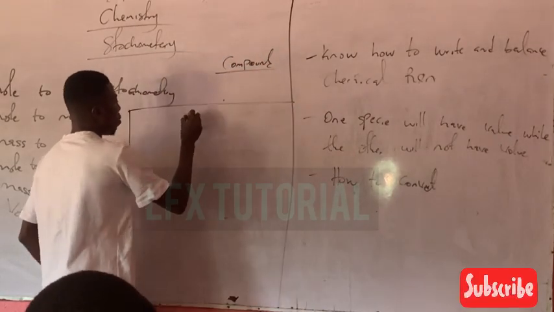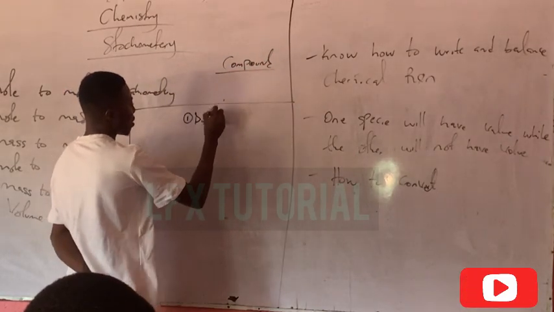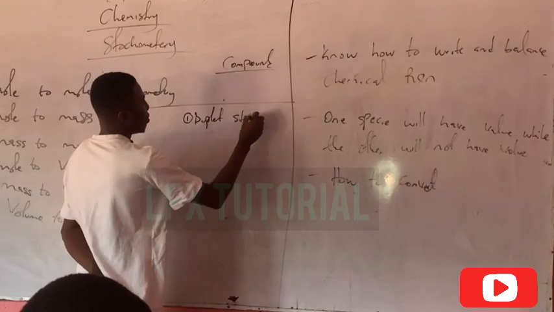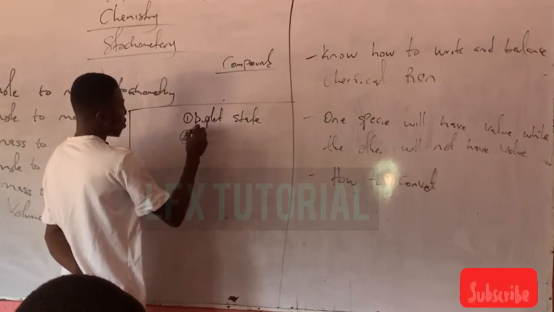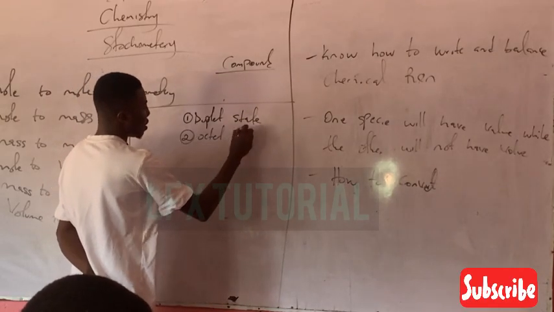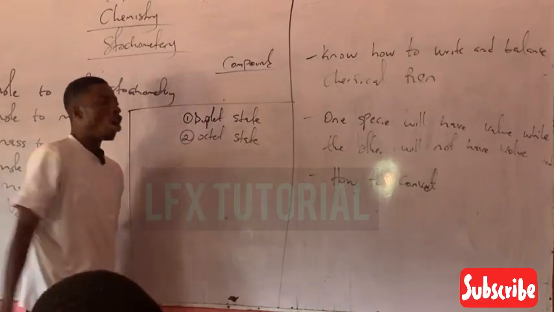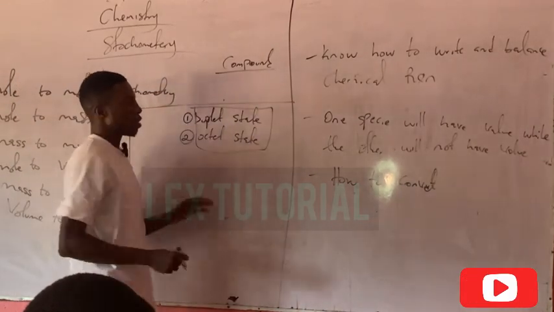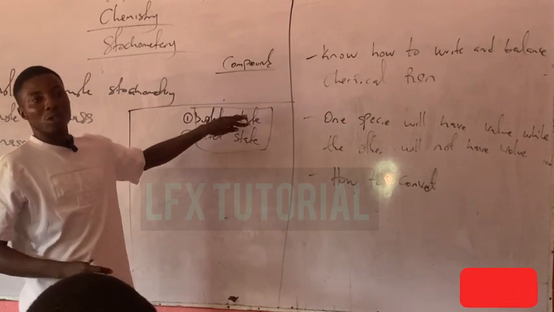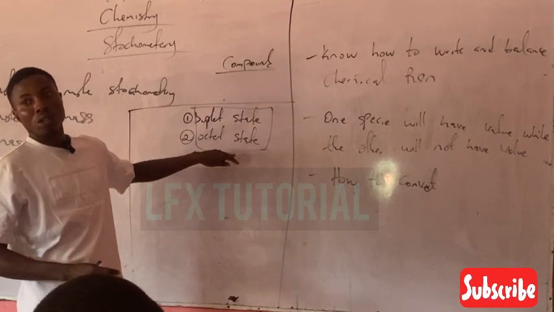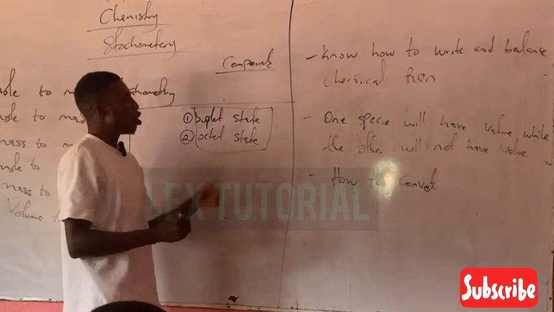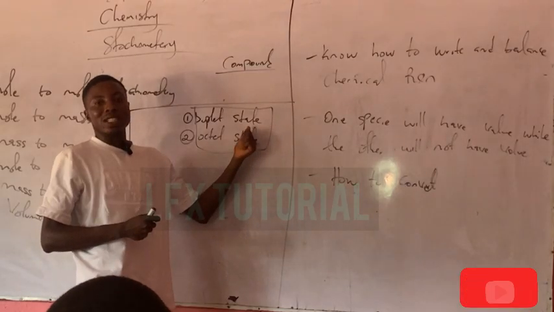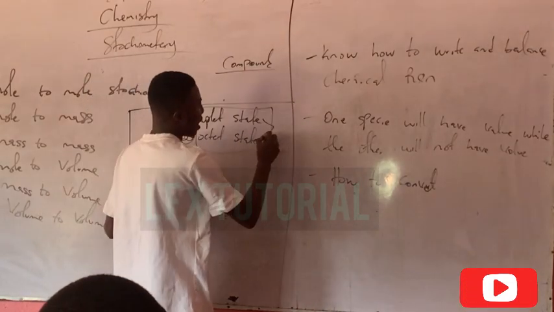The two states are one, duplet state, and two, octet state. All elements are trying to be in either the duplet state or the octet state. The only elements that are already in duplet and octet states are the rare gases.